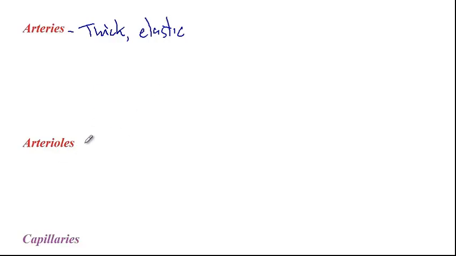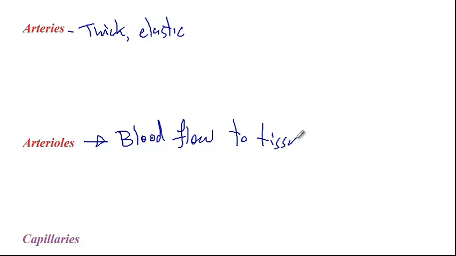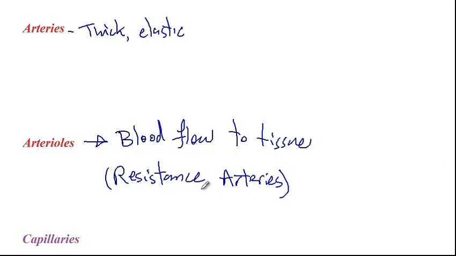These vessels are very important for regulating blood flow to tissues by constriction or dilation of the vascular lumen via the smooth muscle. So basically the blood pressure is regulated by these vessels. And so the other name that arterioles are sometimes referred to is resistance arteries. It's because the resistance of these arteries is what decreases blood flow to different tissues.